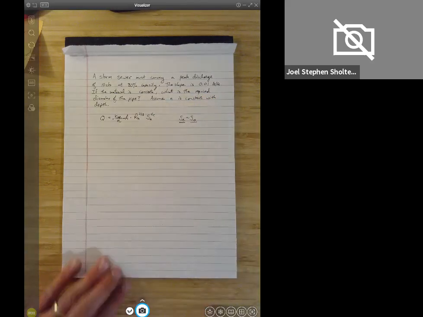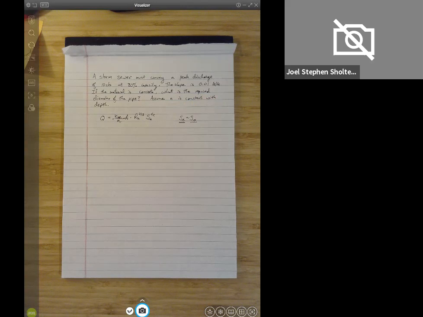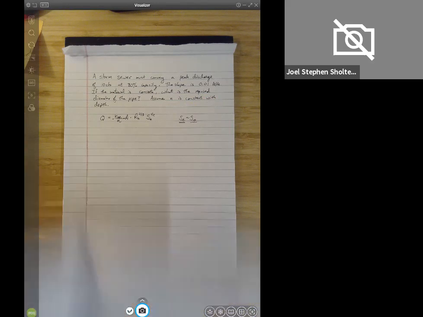All right, so they gave us the material of the pipe. So let's look at what the Manning's roughness might be. So we go back to our book and look all the way back to chapter 3, Manning's equation, table 3.3.